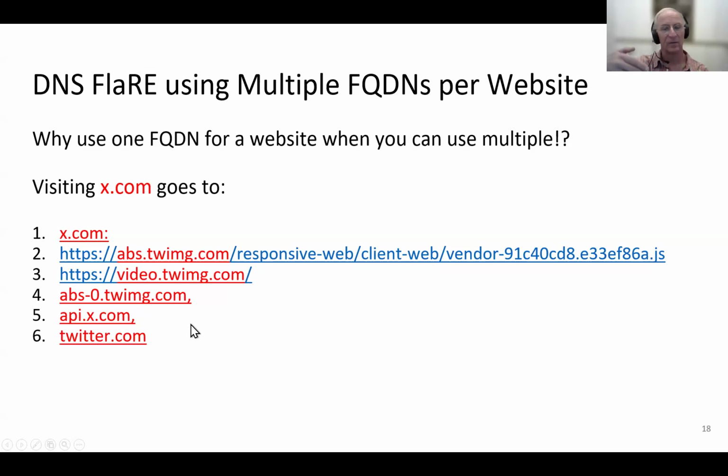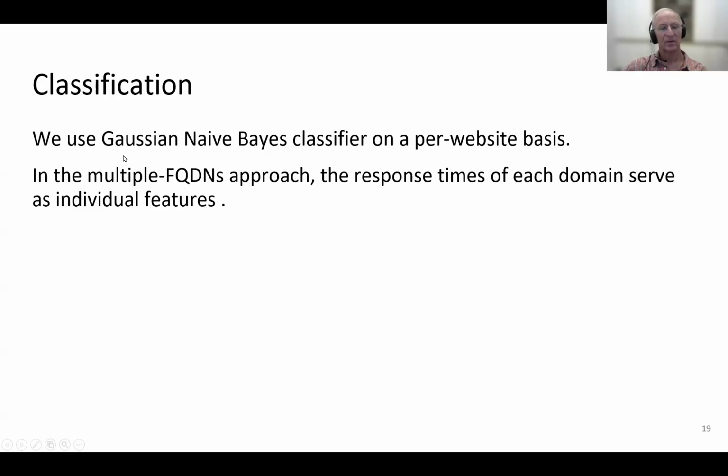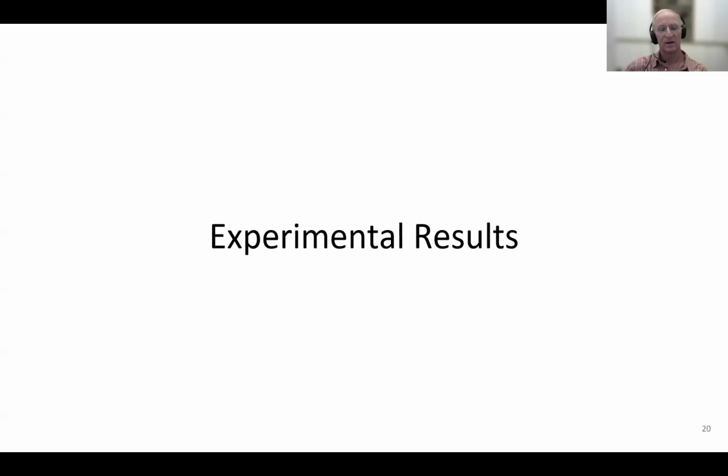Same thing for other domains. They usually come with extra domains. Measuring the response time for the extra domains can increase your accuracy, and we measure them. It's like a footprint for the different websites we are trying to track. We use, as we said, the Gaussian naive Bayes-based classifier to distinguish between the slow and fast responses.